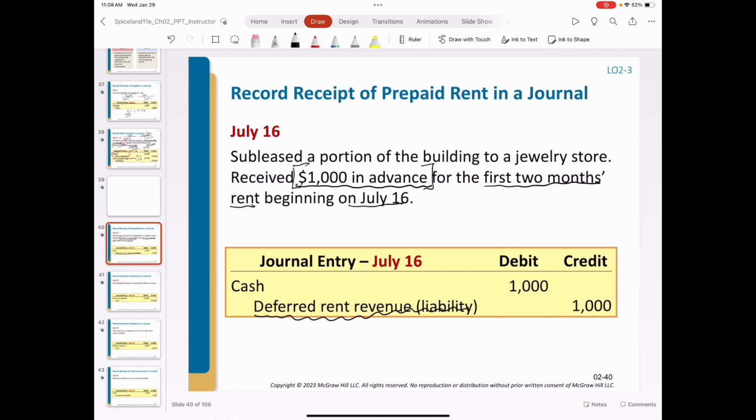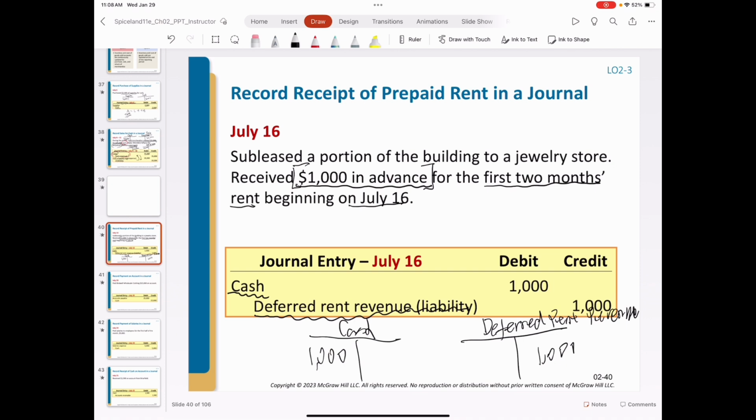Because the company received the payment from the jewelry store, there is a debit cash. So the two accounts affected are cash receipts, debit $1,000, and deferred revenue $1,000, a liability. Then we prepare the journal entry.